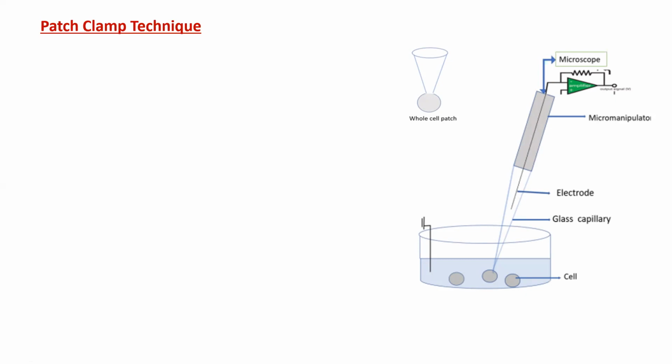If you see in the figure, an electrode is inserted in the glass capillary, and this glass capillary is filled with the buffer. While observing under the microscope, you can see the Petri plate where the cell is kept, and the change in the current is recorded.